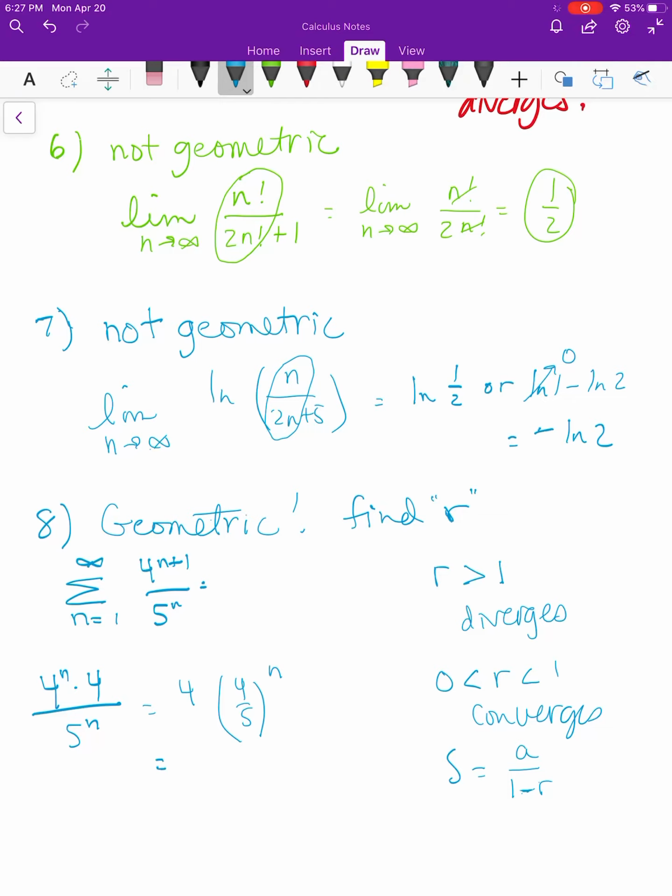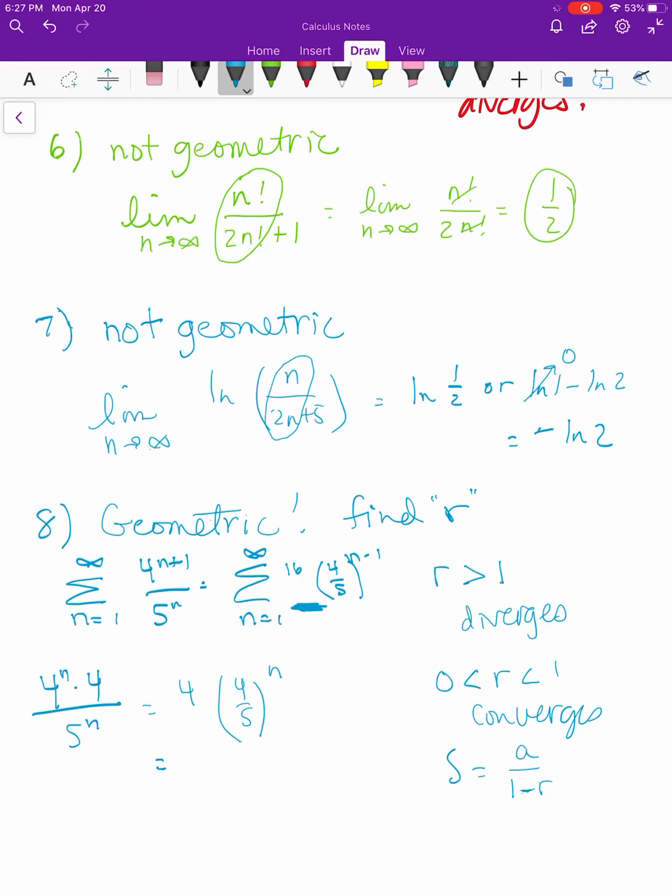So if you brought that 4 out front and looked at it as 4/5 to the n, the only problem that you have is that you're starting at 1, and so your first term is going to be 16/5.